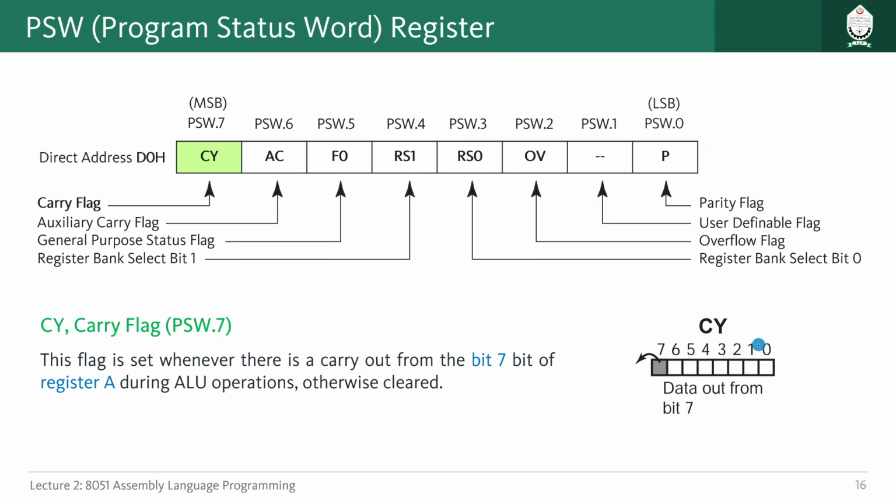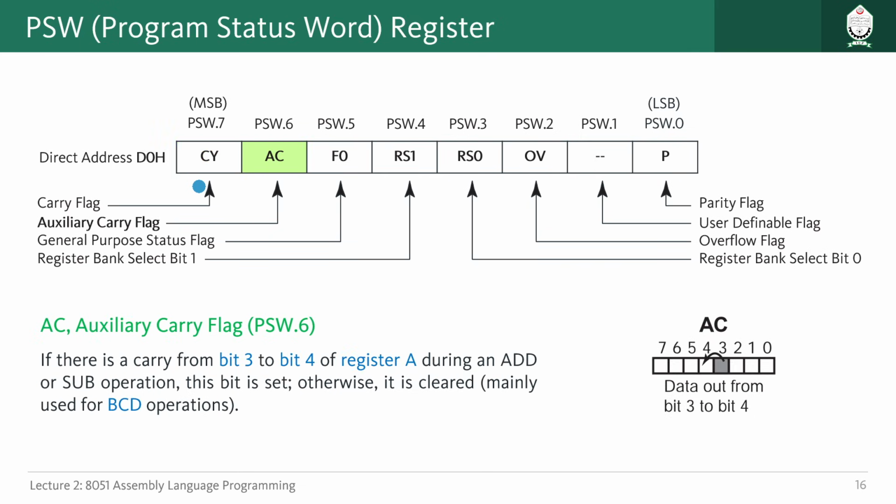Understand that we are representing everything from bit 0, so that's why this is actually the 9th bit. So if anything comes to the 9th bit as carry from the 8th bit, or also we can say from bit 7 to bit 8, this kind of situation is carry. And if that happens, this carry flag is set, so it will be 1, otherwise 0. So that's the idea, very simple to understand.